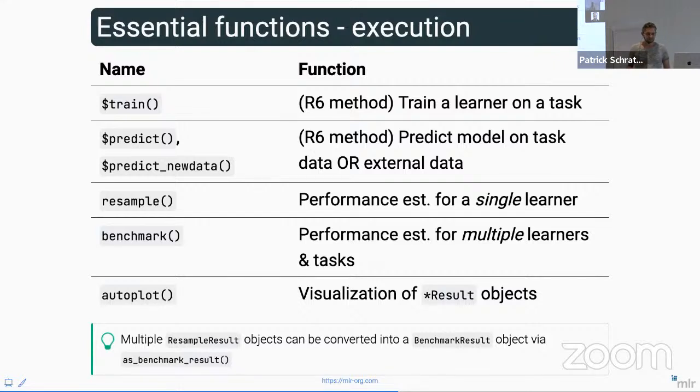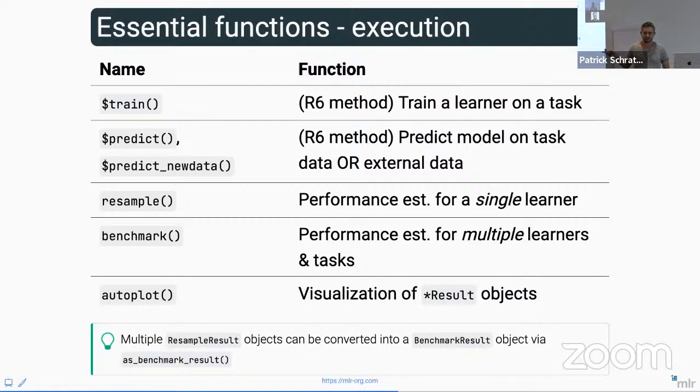So you have the train method, predict, and there's predict_newdata. Predict without new data means you predict on a subpart of your task, which is sometimes what you want, but often enough you have your new data in a completely different object and not within your task, because you want to make predictions on new data that is not within your training points. That's what you would use predict_newdata for.